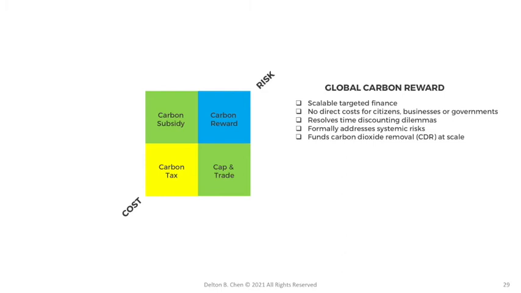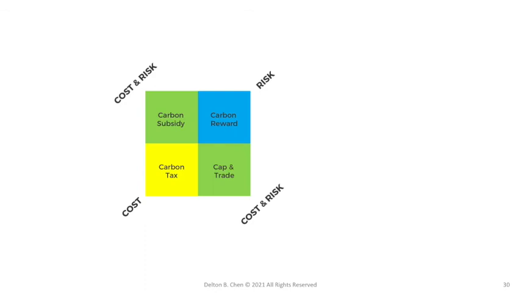It offers scalable targeted finance. There are no direct costs for citizens, businesses, or governments because the costs are monetized. It can resolve time discounting dilemmas because the risk cost of carbon is not time discounted. It can be used to formally address systemic risks, and it funds carbon dioxide removal at the scale needed to achieve the Paris Agreement. What about the other two policies, the carbon subsidy and cap and trade?